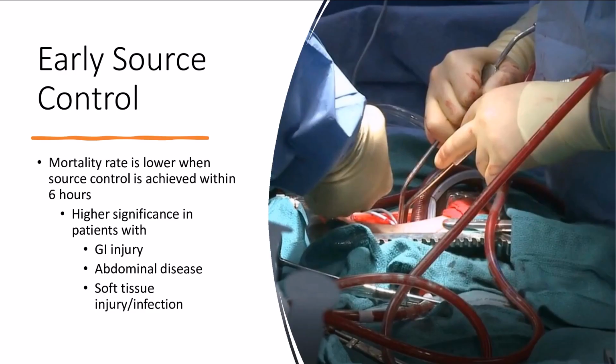This has much higher significance in patients with gastrointestinal injury, and so torsion, rupture, intussusception, those kinds of things. Patients with any kind of abdominal disease, usually peritonitis, ruptured urinary tract, ruptured gallbladder, ruptured intestine, and so on, and with soft tissue injury or infection. So note that injury and infection are two different things.